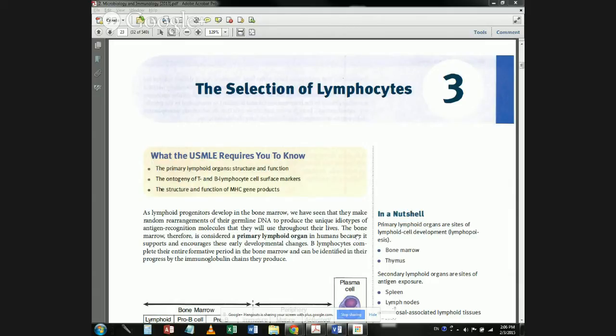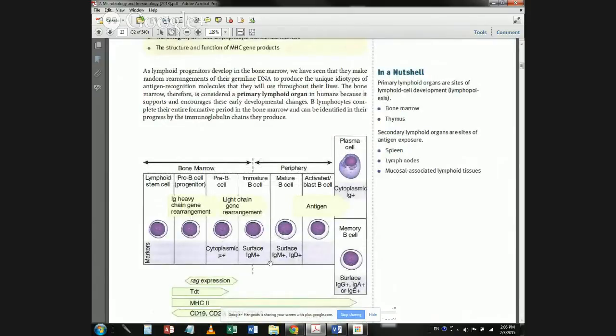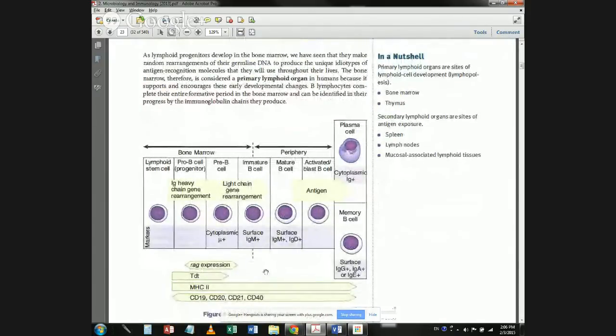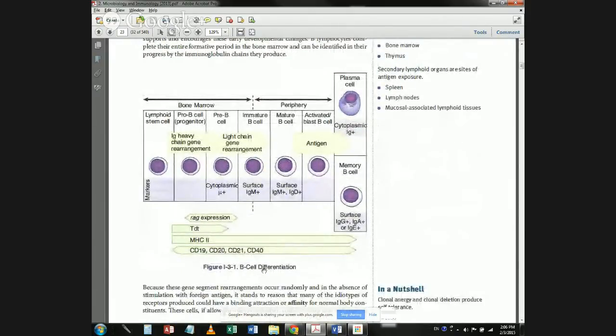Okay, so let's move on. Okay, so here we have a diagram. And here we see there's a bone marrow and then there's a periphery. I suppose that would be blood or tissues, whatever.